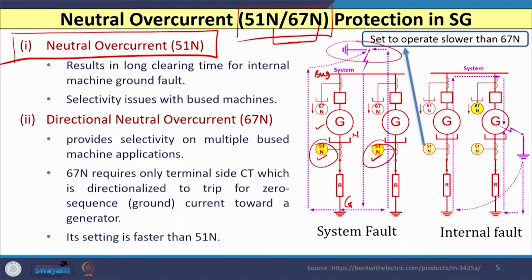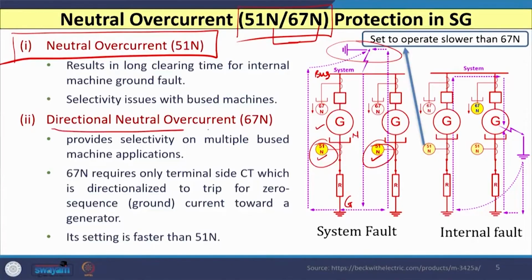So, there are some selectivity issues with the 51N relay or scheme, and sometimes it also has a long clearing time. That is why this type of relay is not used nowadays, and most utilities use the directional neutral overcurrent protection scheme based on 67N.